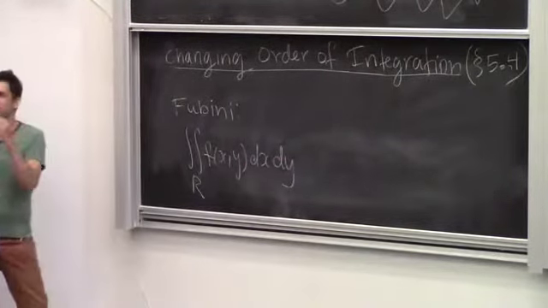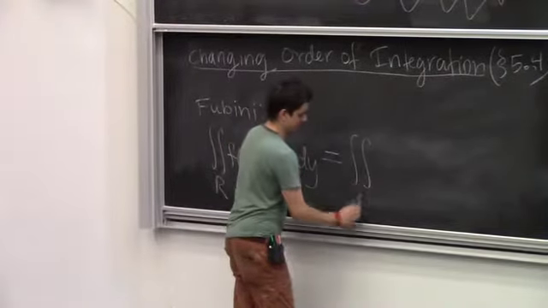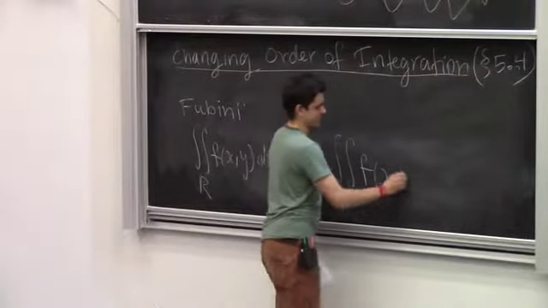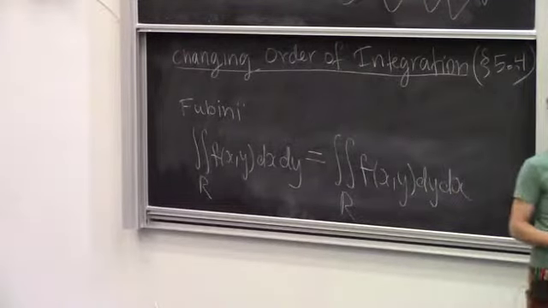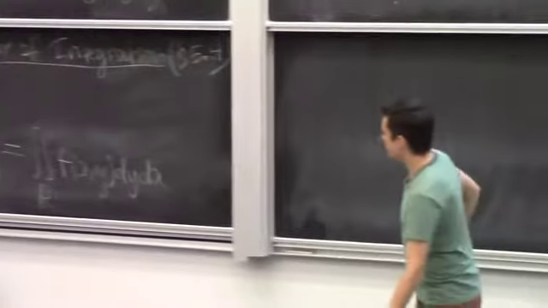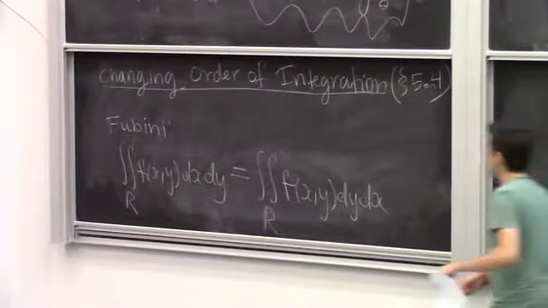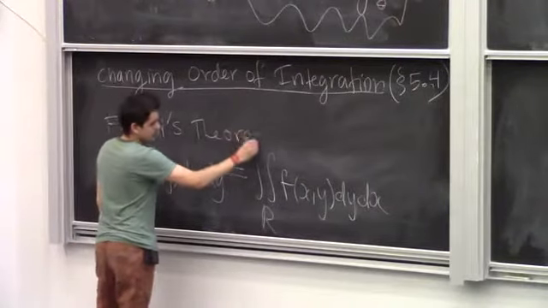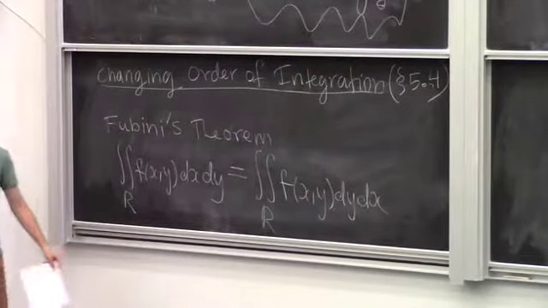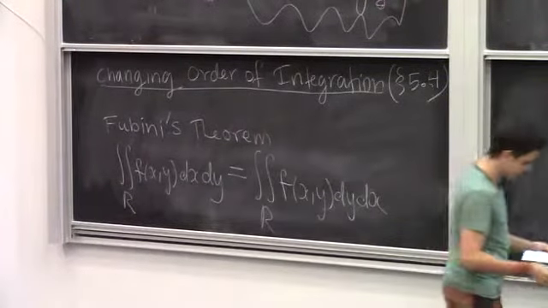If we have these in order dx, dy, we can switch them. And if the region is nice enough and the function is nice enough, those integrals should be equal. So this is Fubini's theorem. But actually switching that order is sometimes quite technical. So I want to get into the technicalities of how to do that switch.